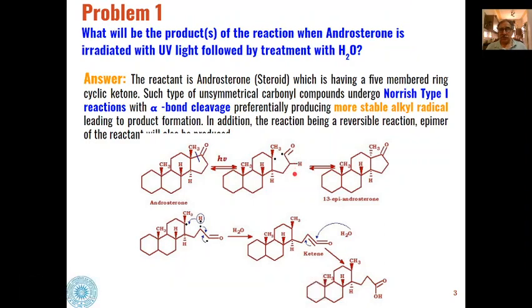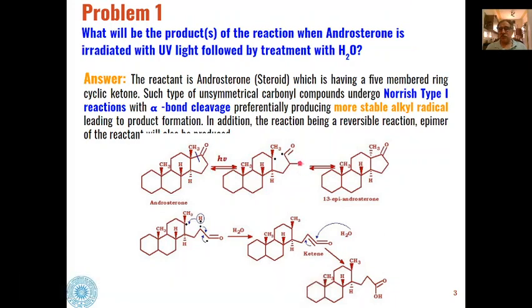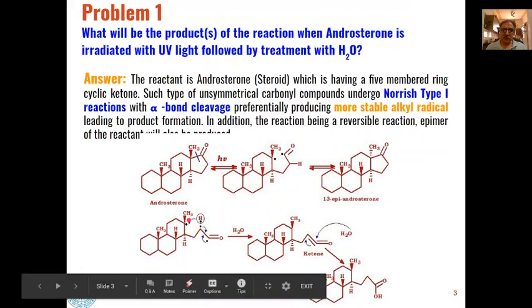When this bond breaks from here, an H radical will move from this position, and one electron remaining over here will go to this place, and with one electron from here, they will create a carbon-carbon double bond. So a ketene will be formed, and the H radical which has been removed from here will get attached to this carbon. So this H radical will go to this place and a ketene will be formed like this.